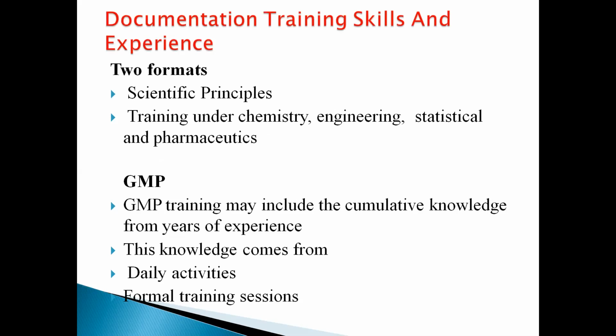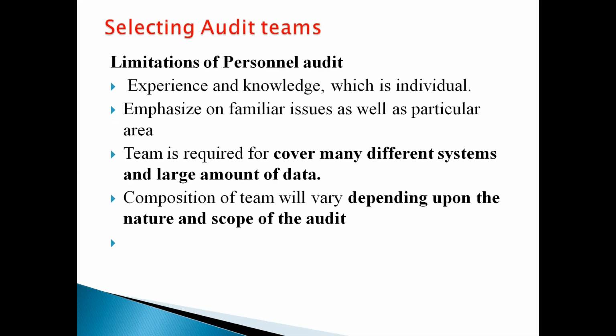There are two formats again. One is scientific principles and training in chemistry, engineering, statistics, and pharmaceutics. GMP training may include the cumulative knowledge from years of experience. This knowledge comes from daily activities and formal training sessions.